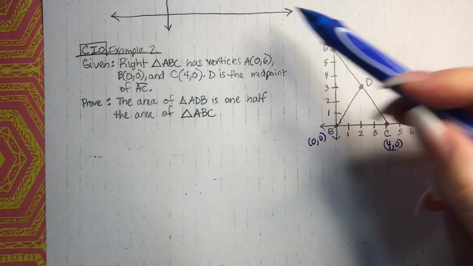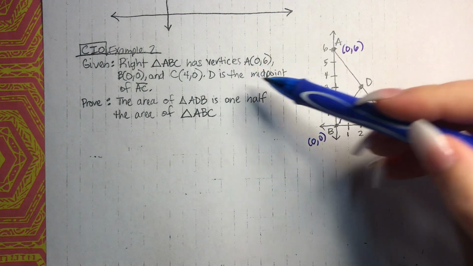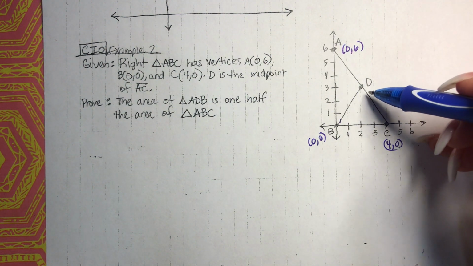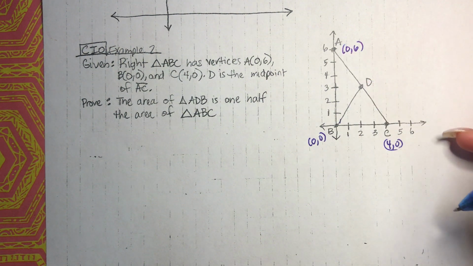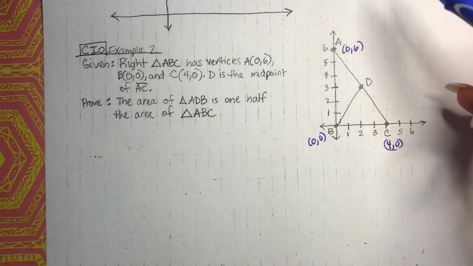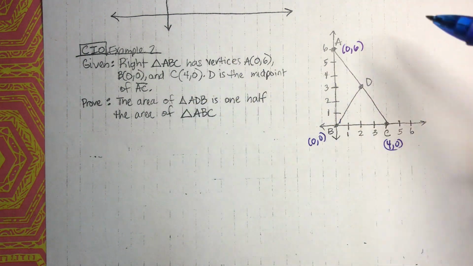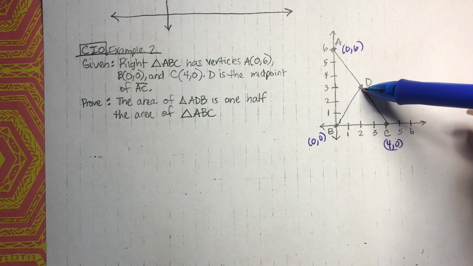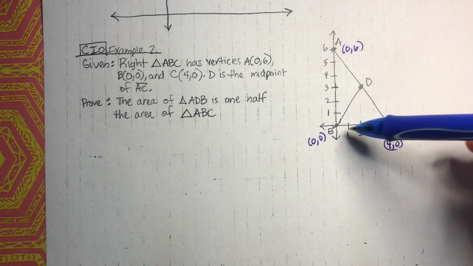It says right triangle, so that means that's 90 degrees. And D is the midpoint of AC. Okay, so D is the midpoint. Perfect. What we need to find is that the area of ADB is 1/2 the area of ABC.